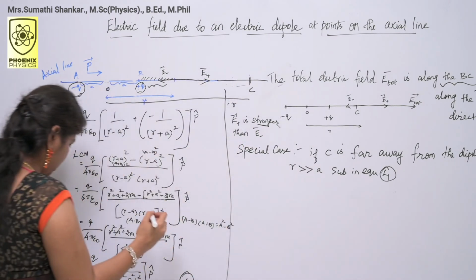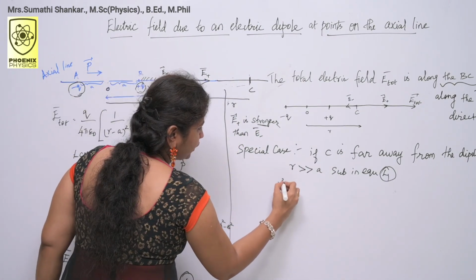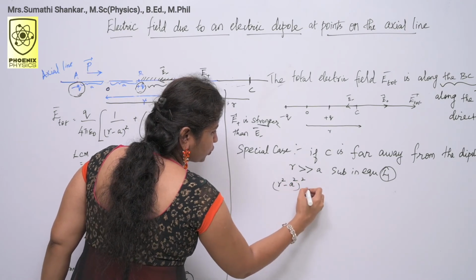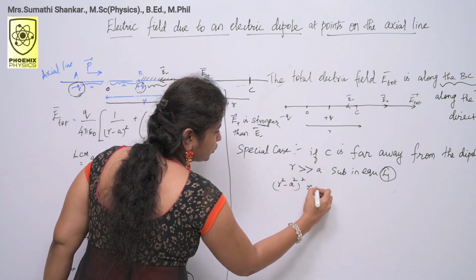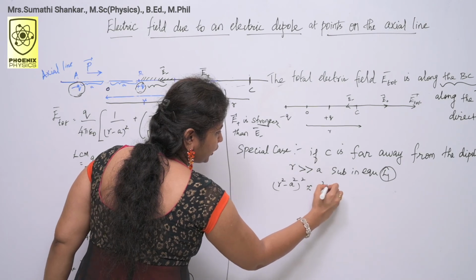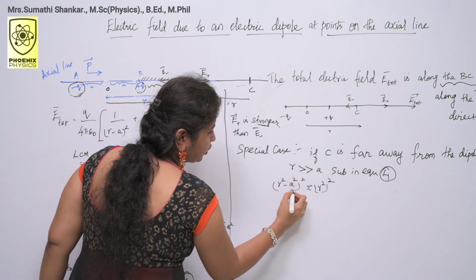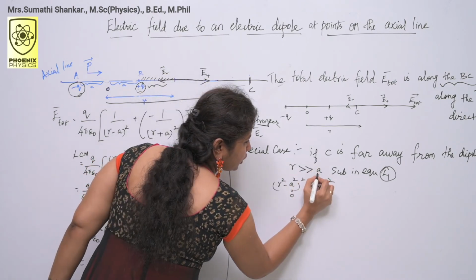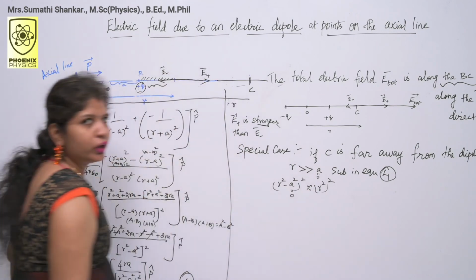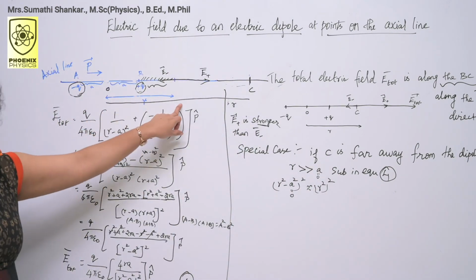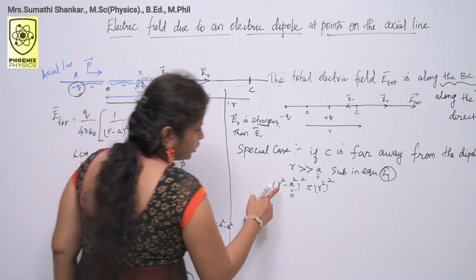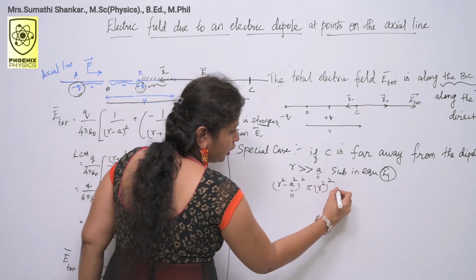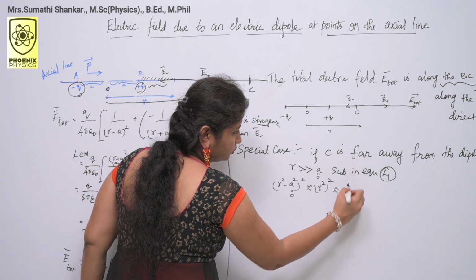So (R square minus A square) the whole square can be written as R square the whole square alone, because R is very much greater than A, which means A is nearly equal to 0 compared to R distance. Then here I have R square the whole square. Then how do you write this? R power 4.